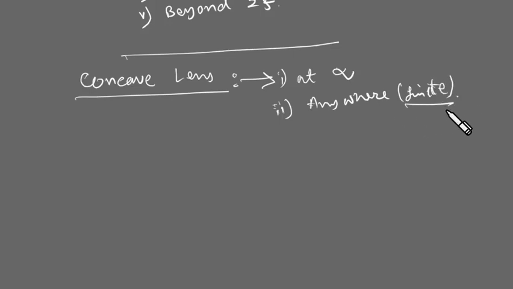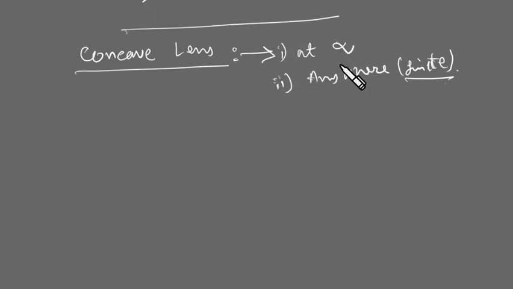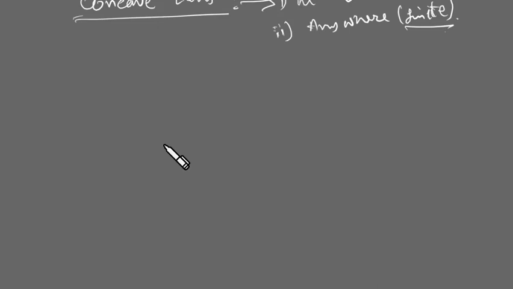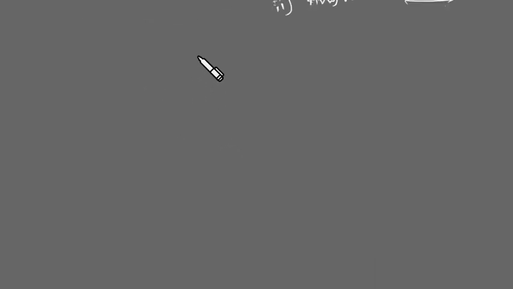We will see that these 2 cases are enough to see all the image formation by a concave lens. So let's consider the infinite case first. Number 1, the object is at infinity.